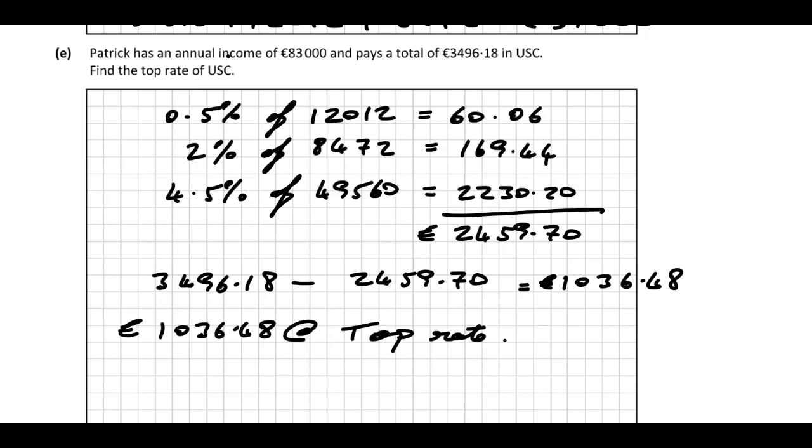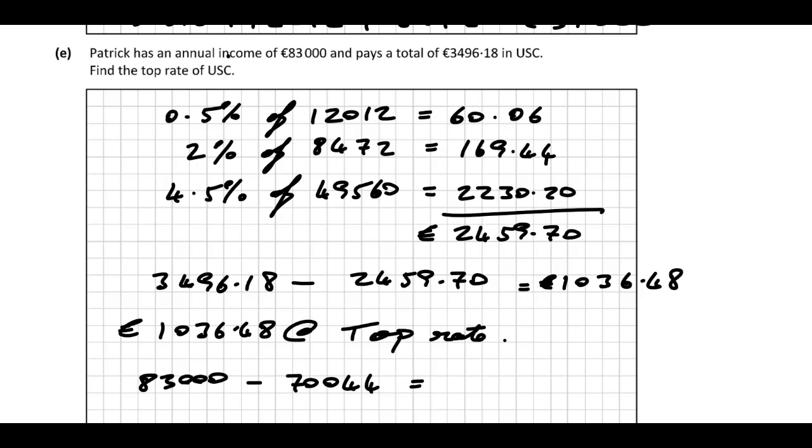Now he's paying that on the difference between these three added and this here. So it's going to be 83,000 minus these three added, which is 70,044.